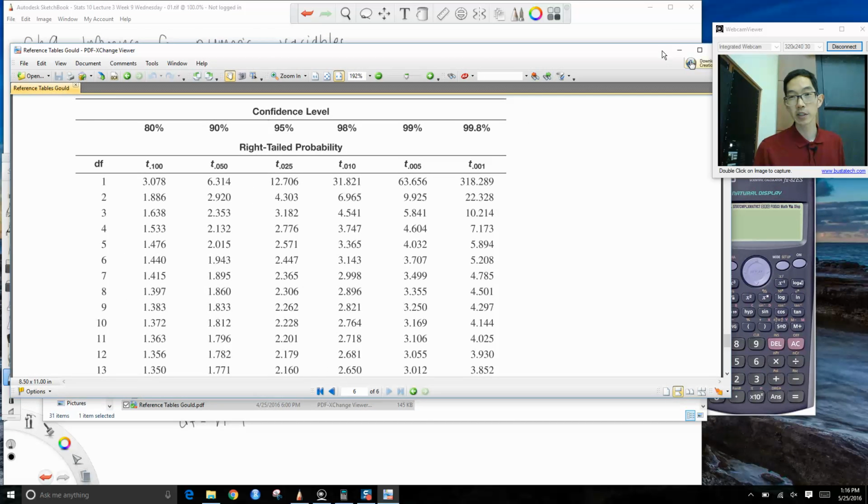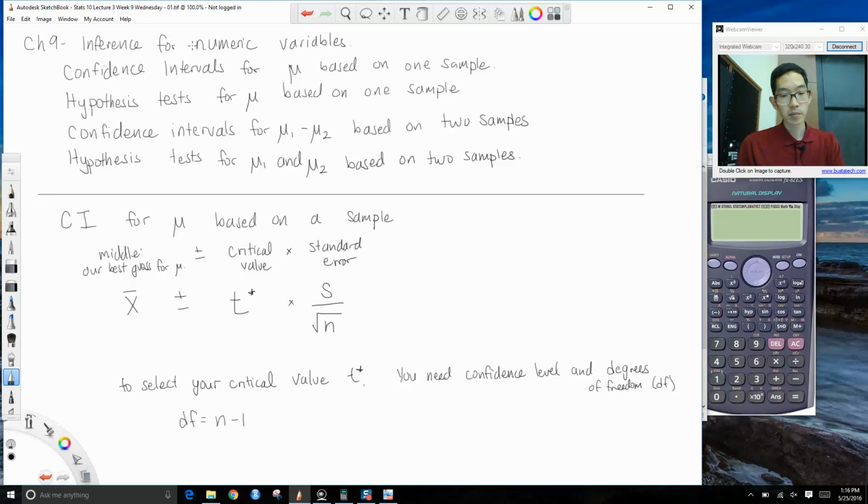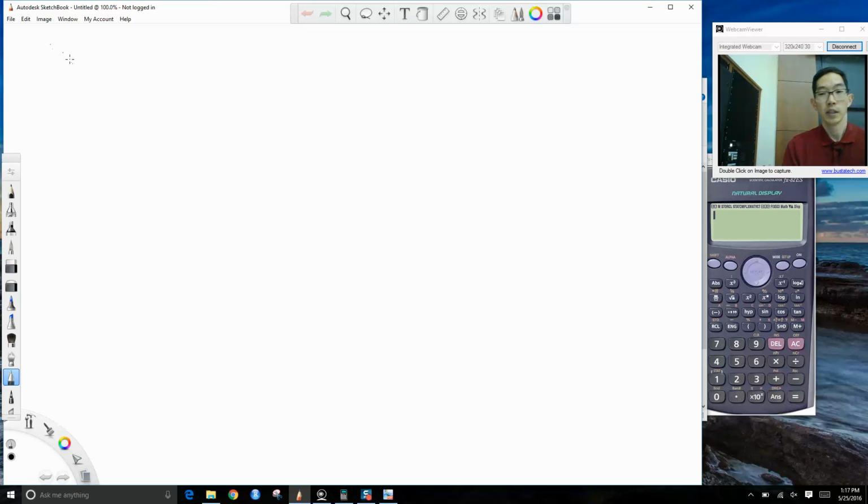Let's try out a simple problem here. Say you take a random sample of 15 Jersey dairy cows and measure their weights.